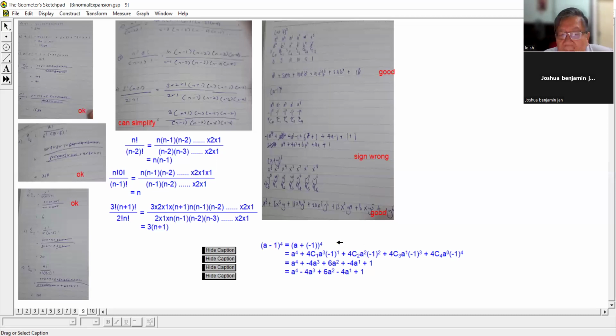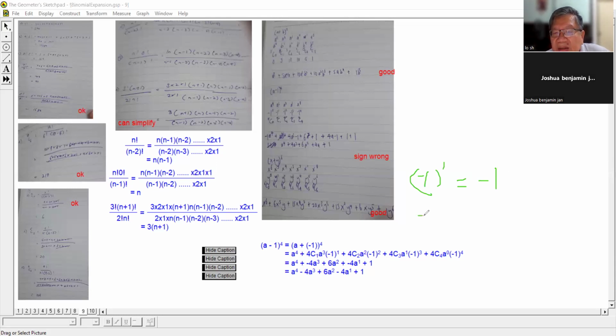Now, coming back to the term b, b is a negative number. Let's say now the b is -1. -1 raised to the power of 1, what will that be? There's only one -1, so the answer is -1.